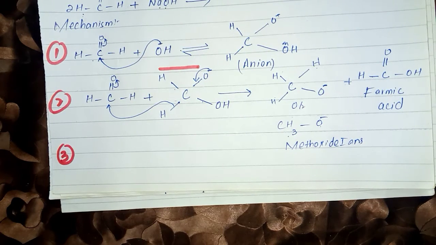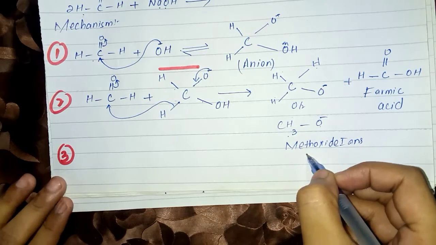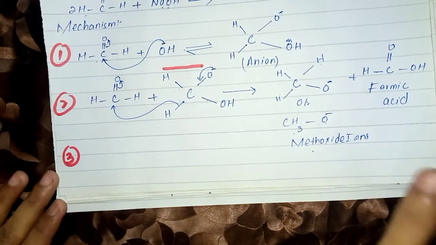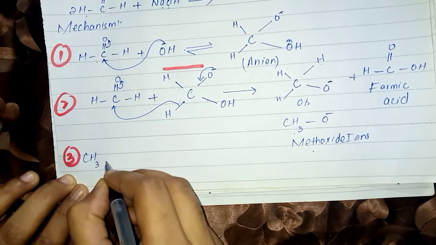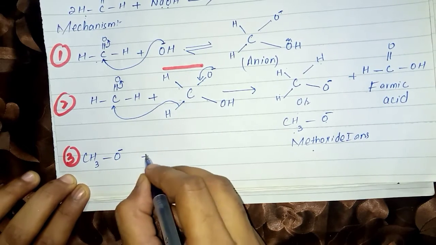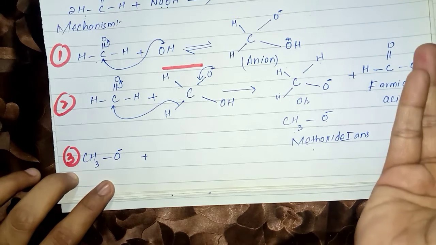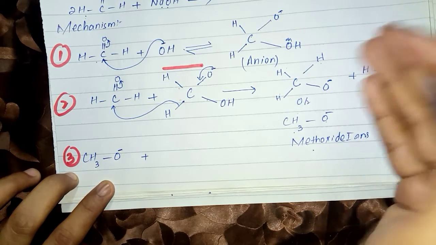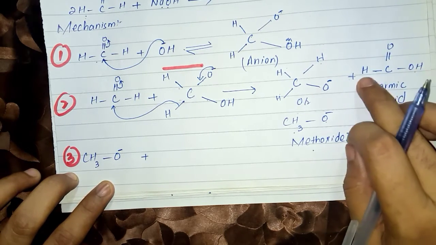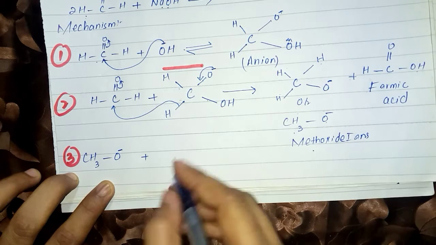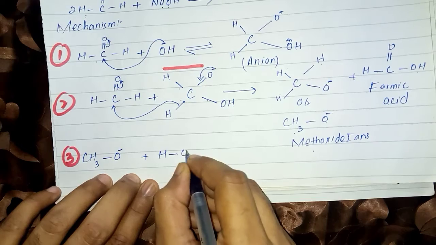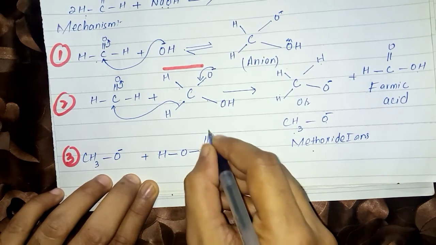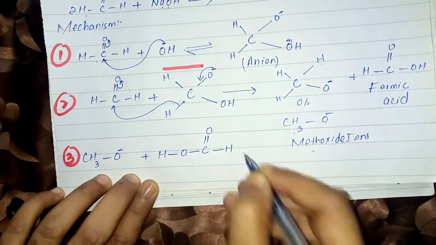Okay, now it's time to move on to step number 3. In step number 3, this methoxide ion will again react with the formic acid. So here CH3O negative, and you just flip the molecule. Hydroxide ion moved here and this hydrogen will move here. So we can write HO, hydroxycarbonyl and this one.